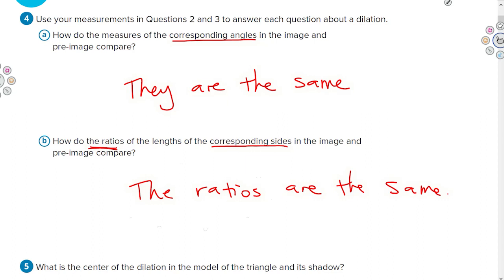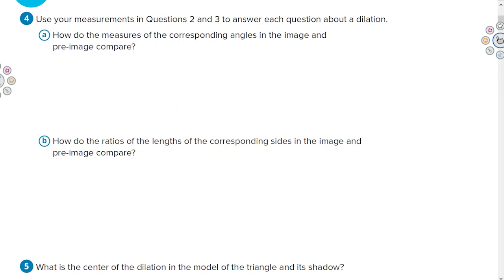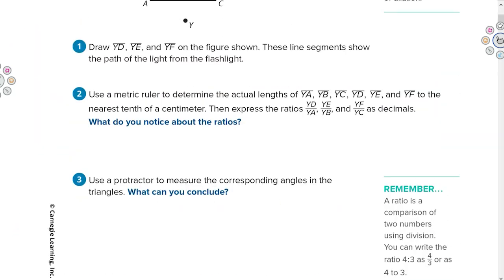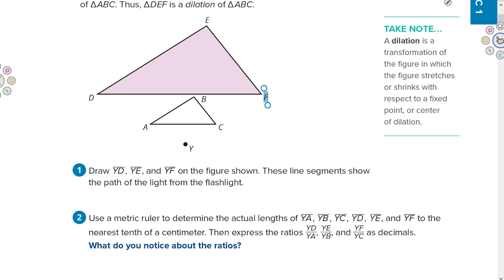If you need to pause the video for students to write, that's fine. All right, the center of the dilation for this one, the center was point Y. That was the center of our dilation.